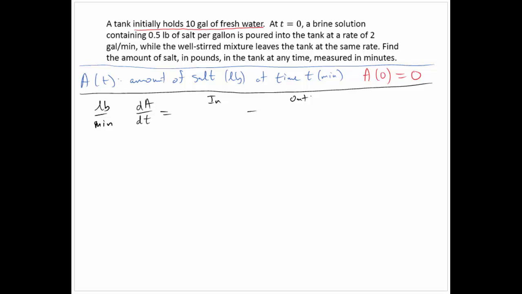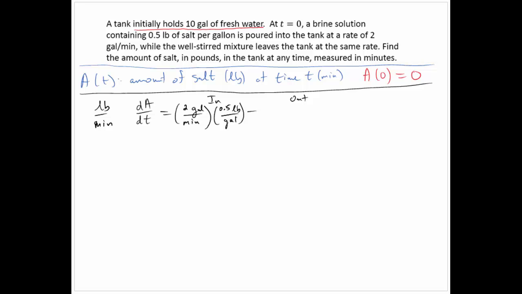How's it coming in? A brine solution containing 0.5 pounds of salt per gallon is poured into the tank at a rate of 2 gallons per minute. So it's coming in at 2 gallons per minute, and it contains a half pound of salt per gallon.